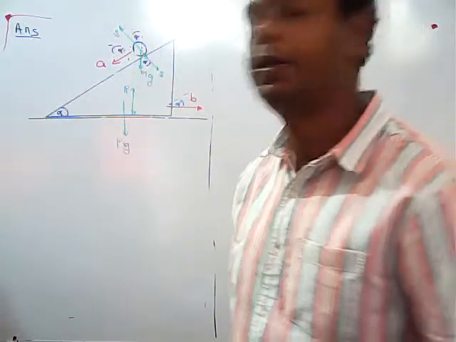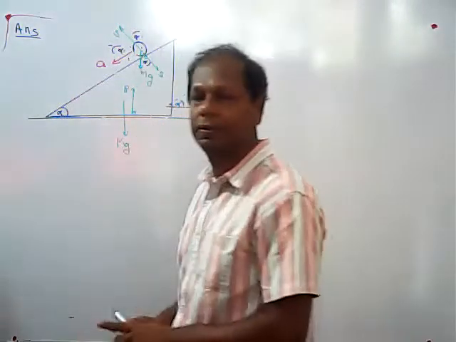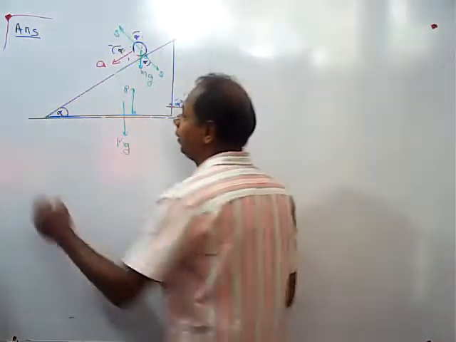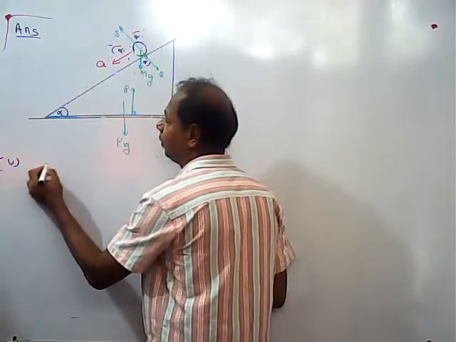Yes, s equals ut plus half at squared. We'll apply it for the wedge. Part 5 for the wedge.